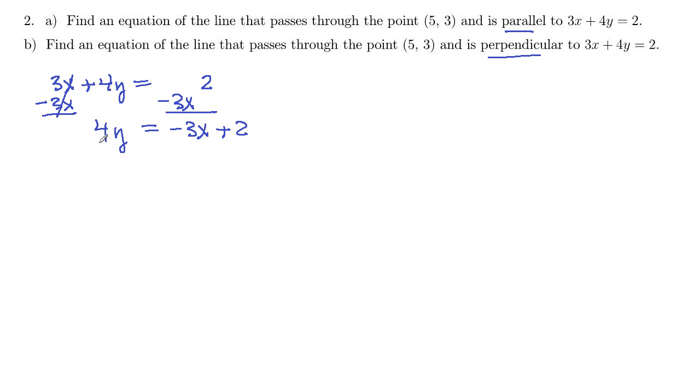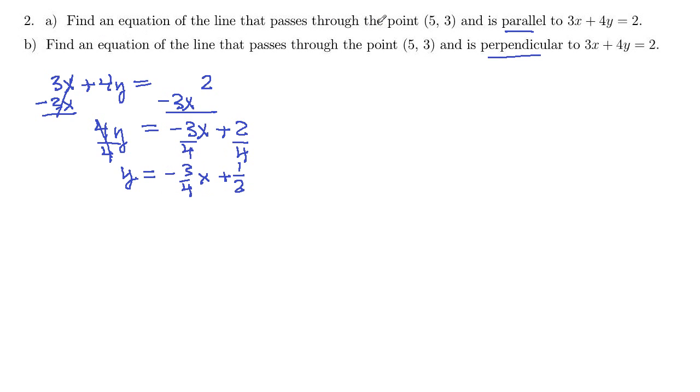And then we want to go ahead and divide off that 4 all the way across. So then these guys cancel. So you've got y equals negative 3/4 x plus 1/2. So that's the given line. And it's got a slope of negative 3/4.